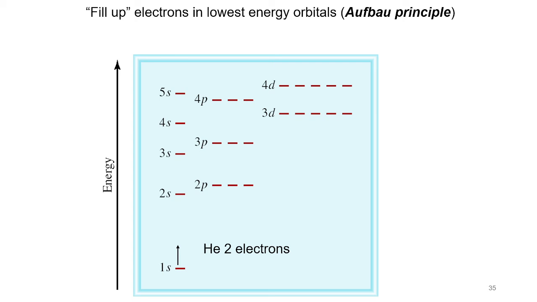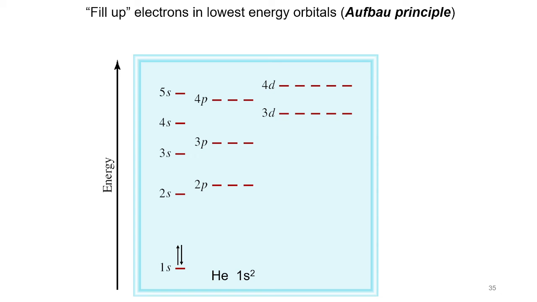Helium has 2 electrons, so for helium we have 2 electrons located in the first energy level and in the s orbital, or L equal to 0, wherein the first electron is moving positively and the second electron is moving negatively. Ganyan natin siya fill up and down.